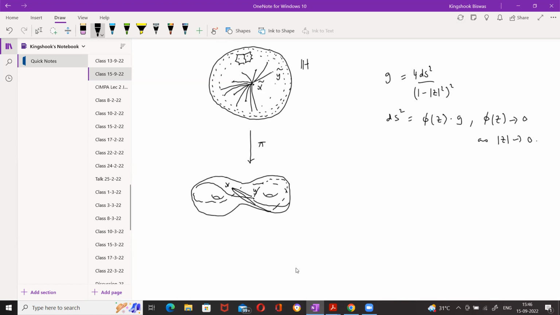One of them will be length minimizing. That will be the geodesic from the point in the orbit of Y tilde which is closest to X tilde above. The orbit is discrete, so there is a point in the orbit closest to X tilde, and that geodesic above will project to the length minimizing geodesic below.